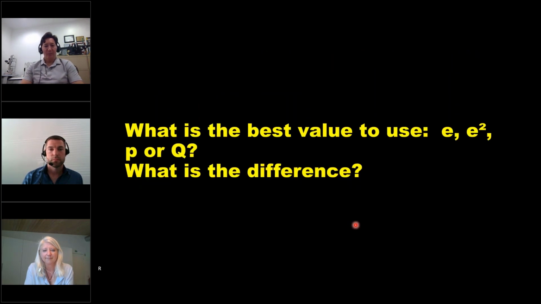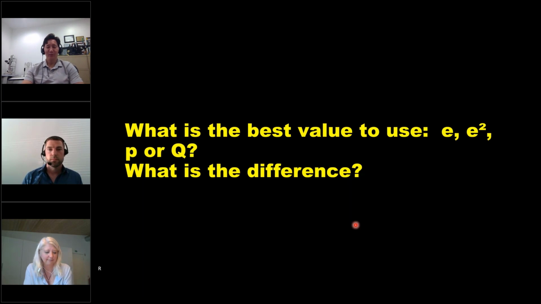One of the questions that came up is, what is the best value to use, E, E squared, P, or Q, and what is the difference between them? Now, these values are used to attempt to understand the eye from the center to the periphery, and each one is meant to describe that corneal shape or that change from center to limbus, let's say.